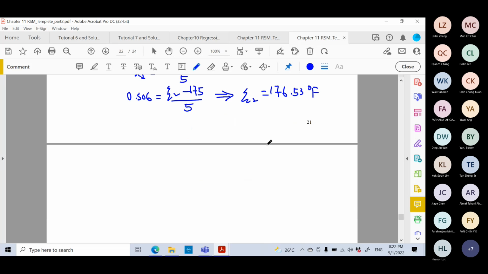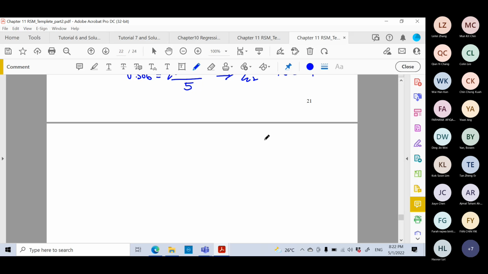To study the nature of the point itself, of course, we need to calculate the eigenvalue. So how do we calculate the eigenvalue?